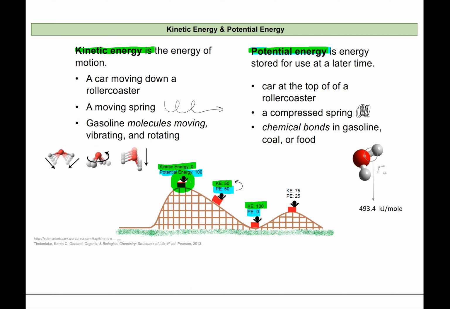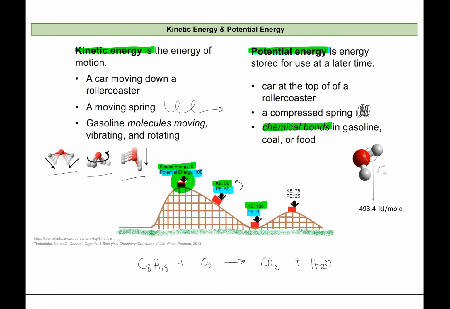Now, the chemical bonds in gasoline or food or coal have potential energy. That's our stored chemical energy. And when they're moving, they are exhibiting kinetic energy. We've talked about combustion reactions. If we had octane and we combust it, so this is gasoline, we would form carbon dioxide and water, which are more stable.